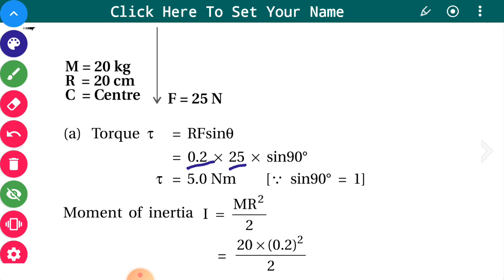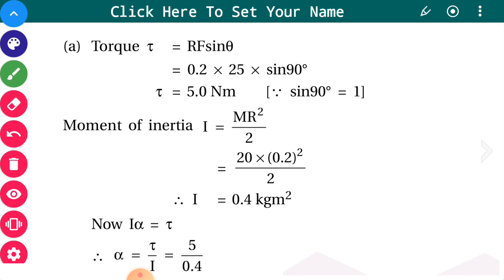The moment of inertia is m r square by 2, since we are given the flywheel. A table is given in the textbook where you can see the moment of inertia of different types of objects. The flywheel is a circular disc, and the circular disc has the moment of inertia m r square by 2.